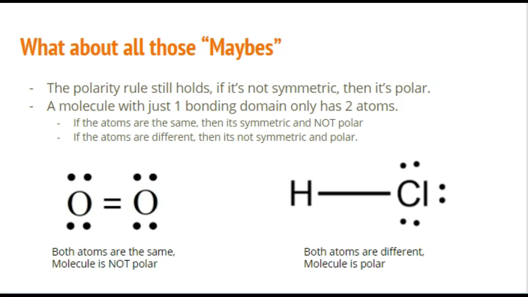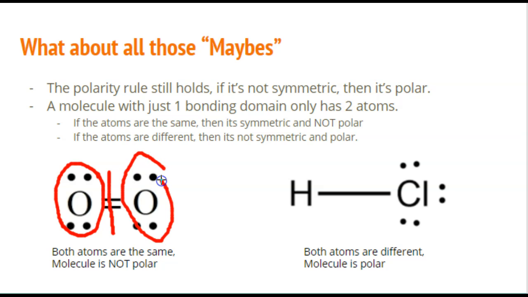So the question becomes, what about all those maybes? Well, the polarity rule is just about symmetry. We can make conclusions about these in general, but when you have something with just 1 bonding domain, we're really looking to see if a molecule is symmetric. If we have something like this that's linear, notice this is symmetric because it has the same atom on each side.